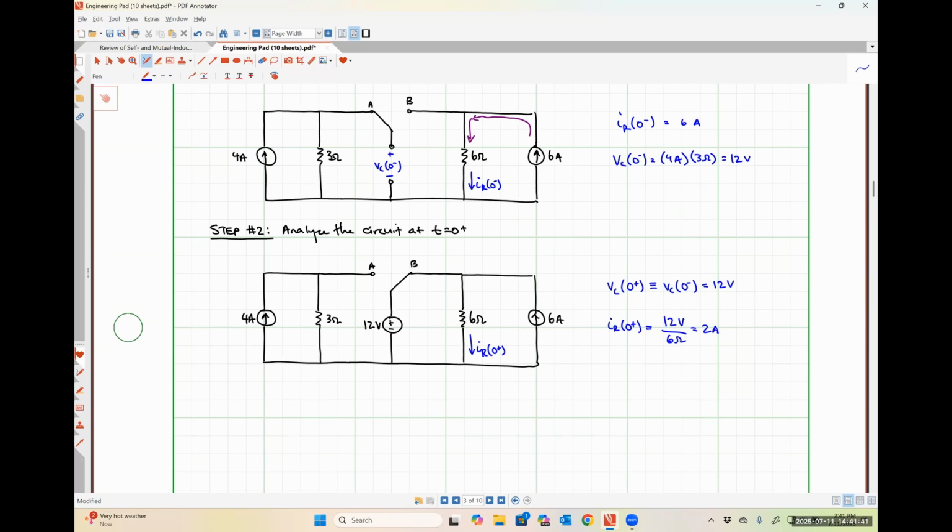So if we were thinking about things from Kirchhoff's current law context, all that really means is that the current that's flowing through the capacitor has to be 4 amps in order to make everything true simultaneously. Because if we have 6 amps flowing into the top node, and then 2 amps flowing down through the 6 ohm resistor, we must have 4 amps flowing down through the 12-volt source that is representing our capacitor in order for KCL to be satisfied.